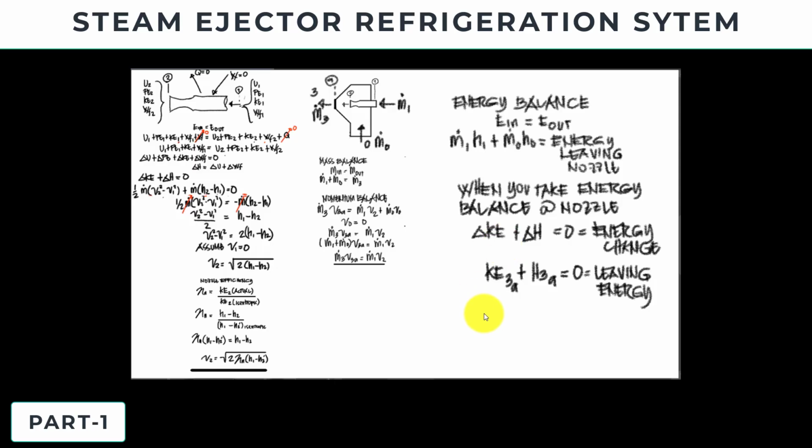We can express this as 1/2 mass flow rate 3, velocity 3A squared, plus mass flow rate 3, enthalpy 3A. Okay, so that will be the leaving energy.